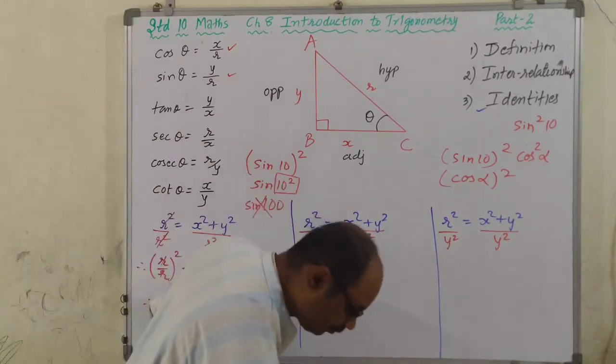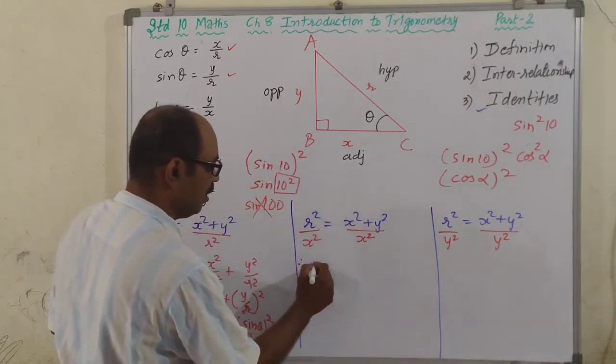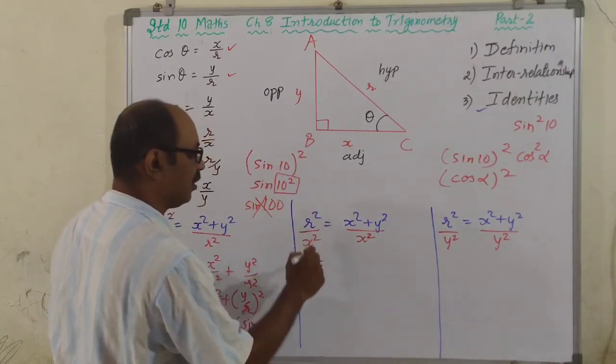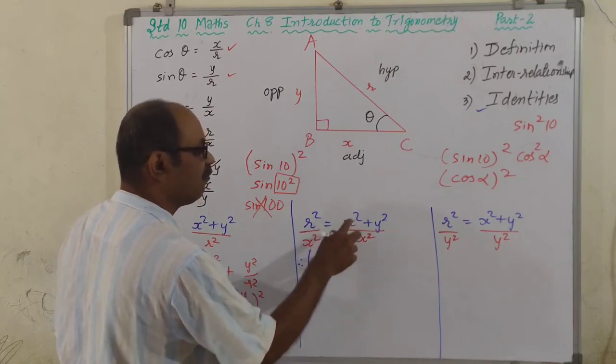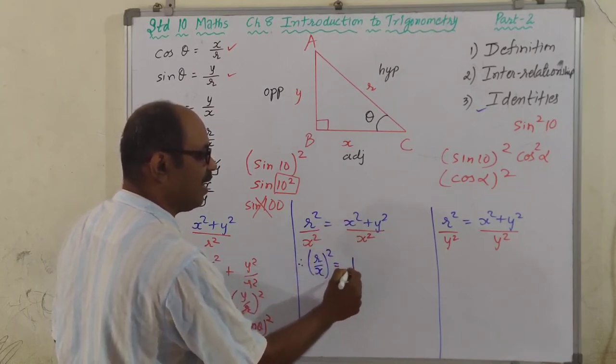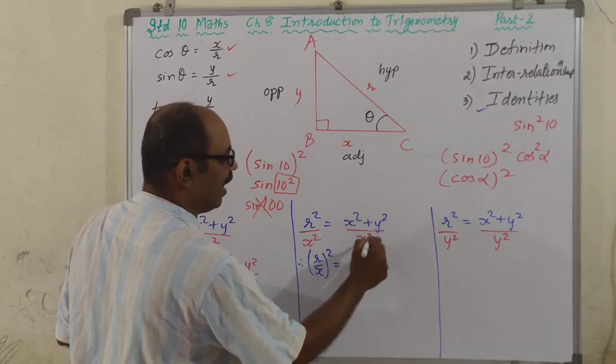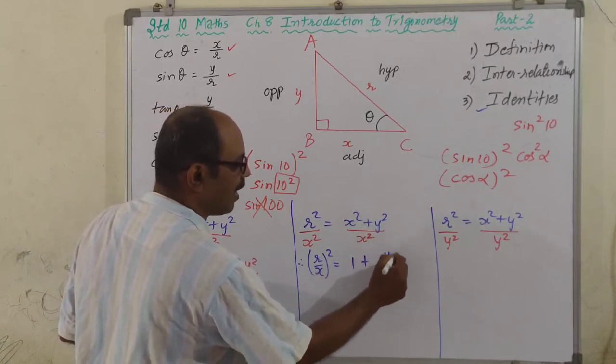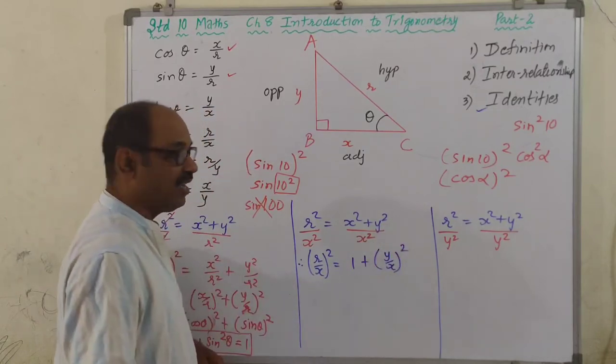Let's look here now. This is r upon x, both are squares, so whole square. If you split x square upon x square, that is 1, and then y square upon x square, so y upon x whole square, because both are squares.